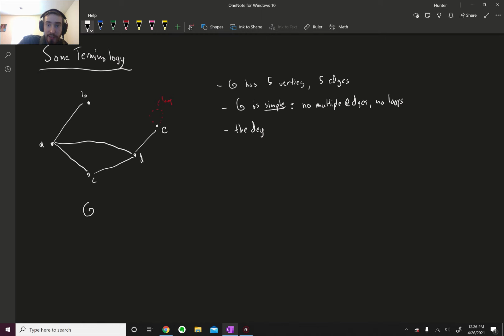The degree of a vertex is just the number of edges connected to it.